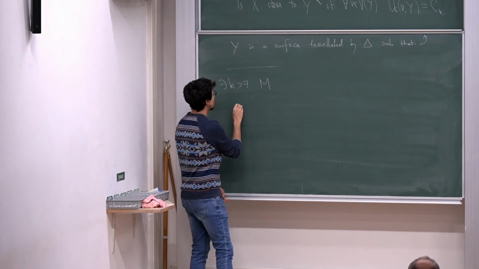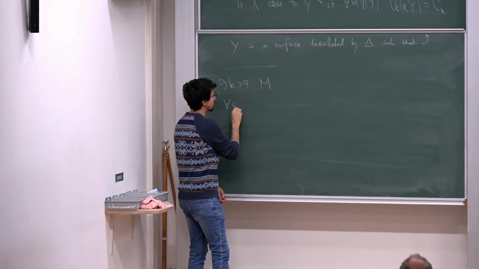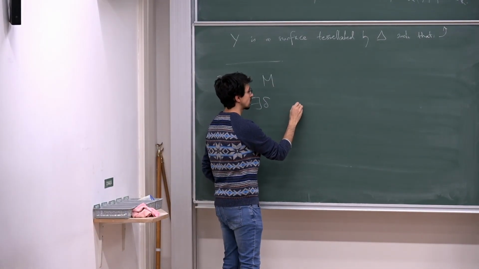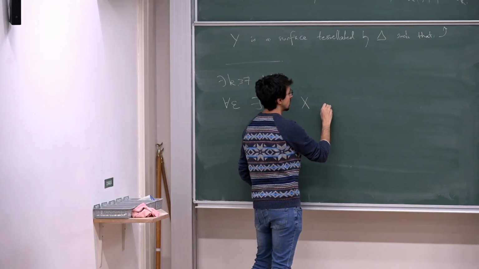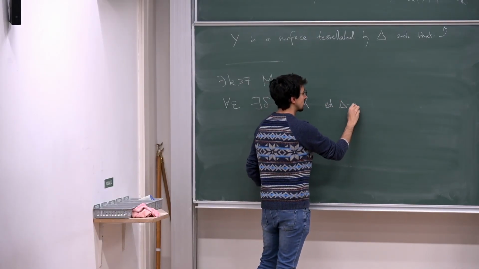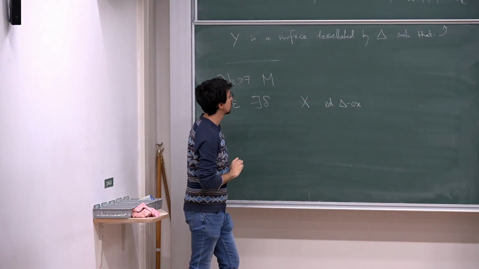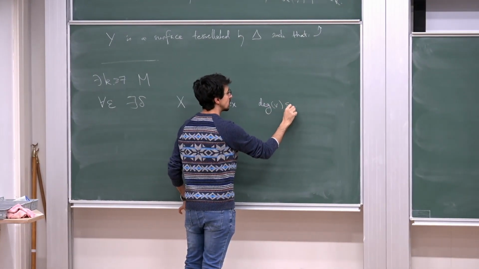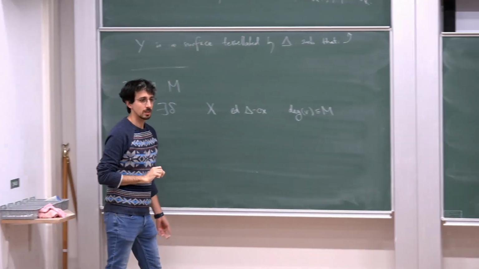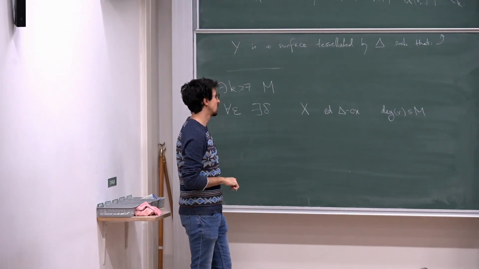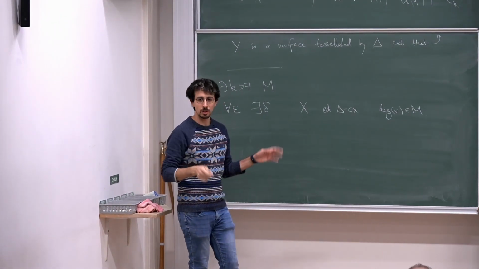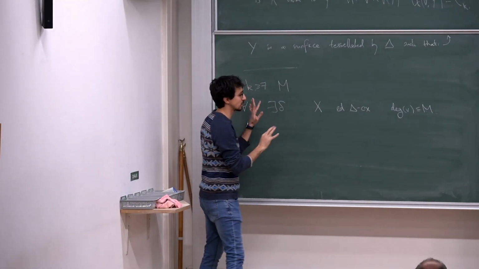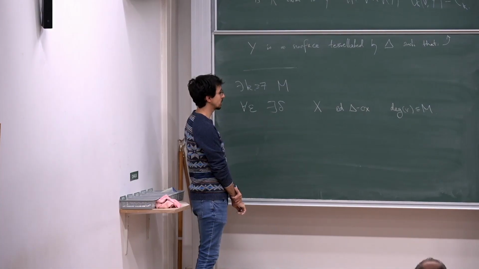What we're asking is, for every epsilon, we want there to exist a delta, such that if X is, again, a two-dimensional simplicial complex such that the degree of each vertex is bounded by M, and here you can take it to mean the number of edges, or maybe you want to count the number of edges and simplices around v, whatever. M is some big number that's hiding in the background.